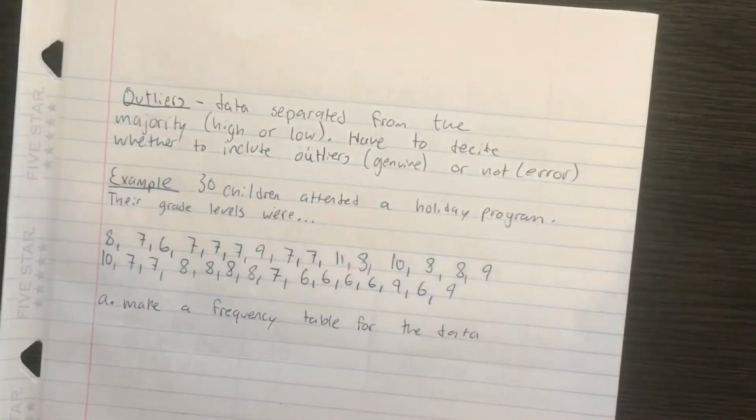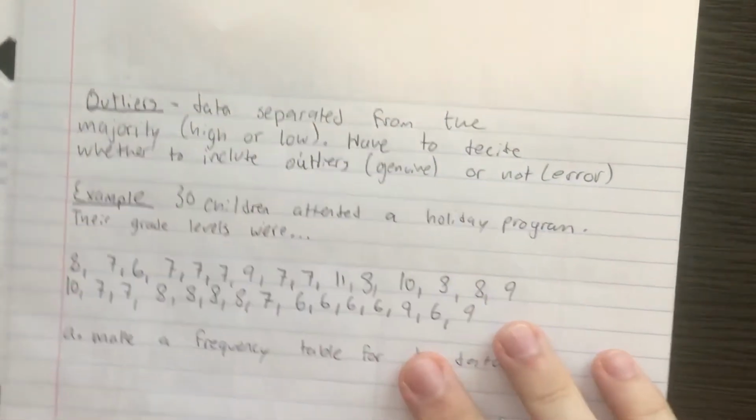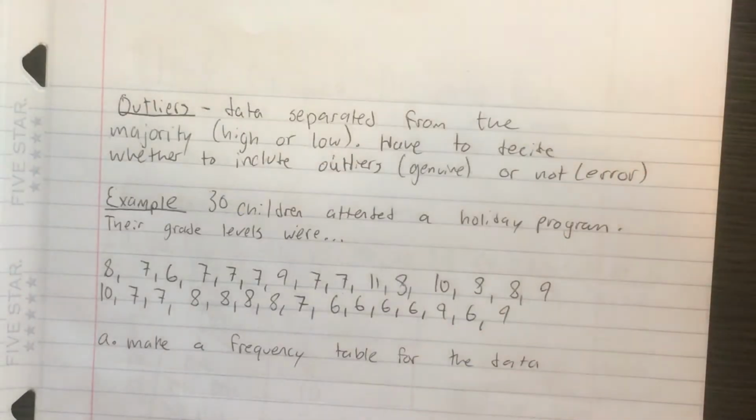So we have this concept of an outlier, and there is a mathematical way to prove an outlier, but we're not there just yet. But an outlier is basically just data separated from the majority. It can be high or low, and whenever you are collecting data, you have to decide whether to include outliers or not, because outliers can appear because they're genuine.